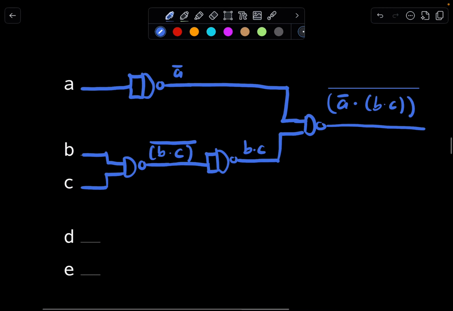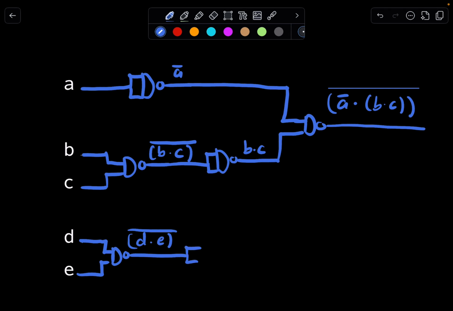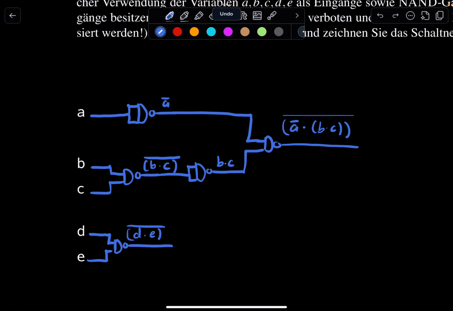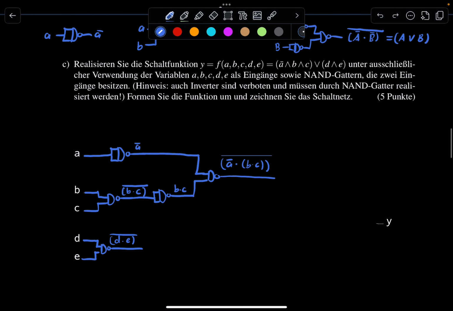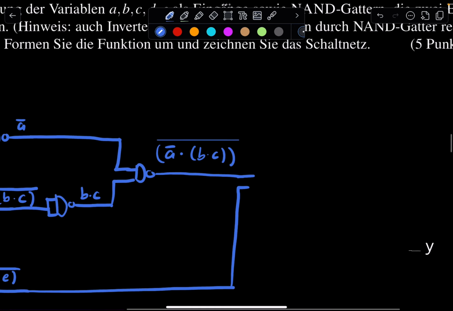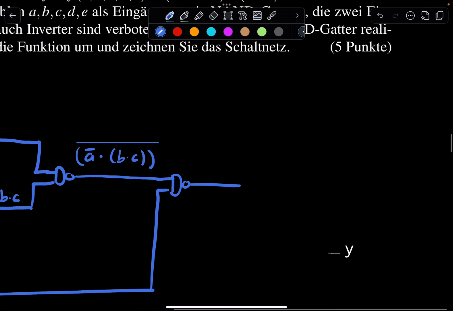Look, we can take D and E. This is gonna be D and E, and then cancel. So we can take these two again. We can just leave it like that. And these are the negated versions of it. So if we just add them together into a NAND gate, we cancel both out, because we'll have A times B times C negated, so to speak.